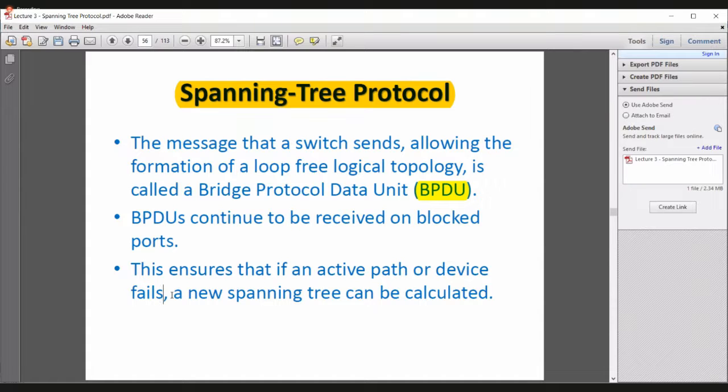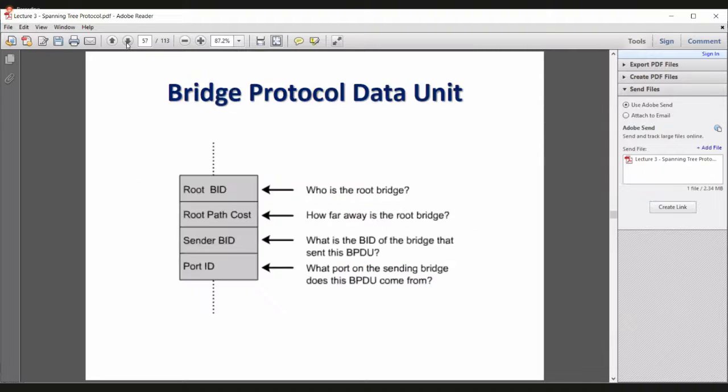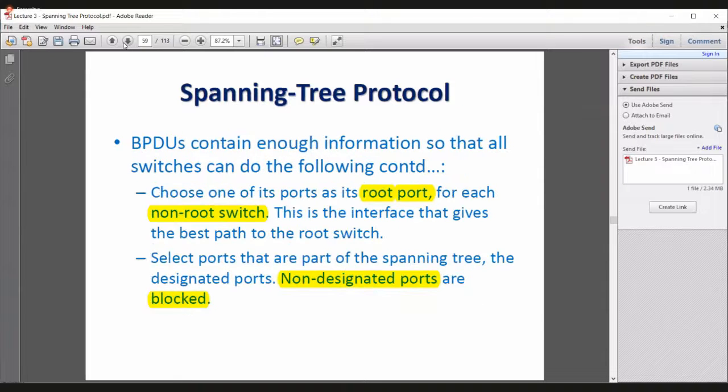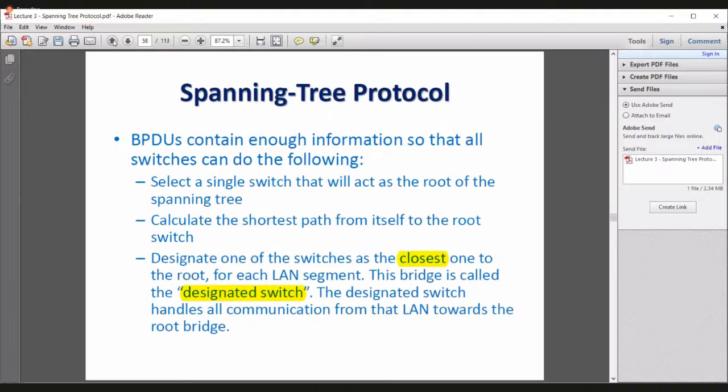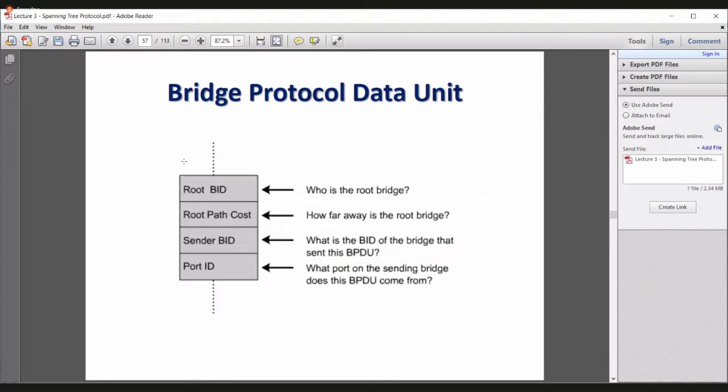That is the sole objective of having redundancy, right? Hope you got the idea. BPDUs are important. So now we are going to look into the structure of the BPDU, right?